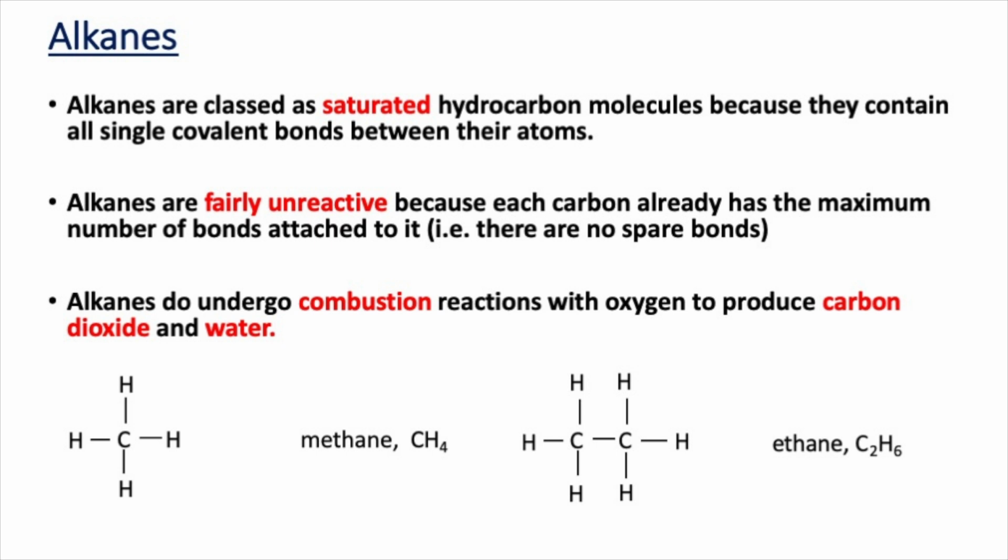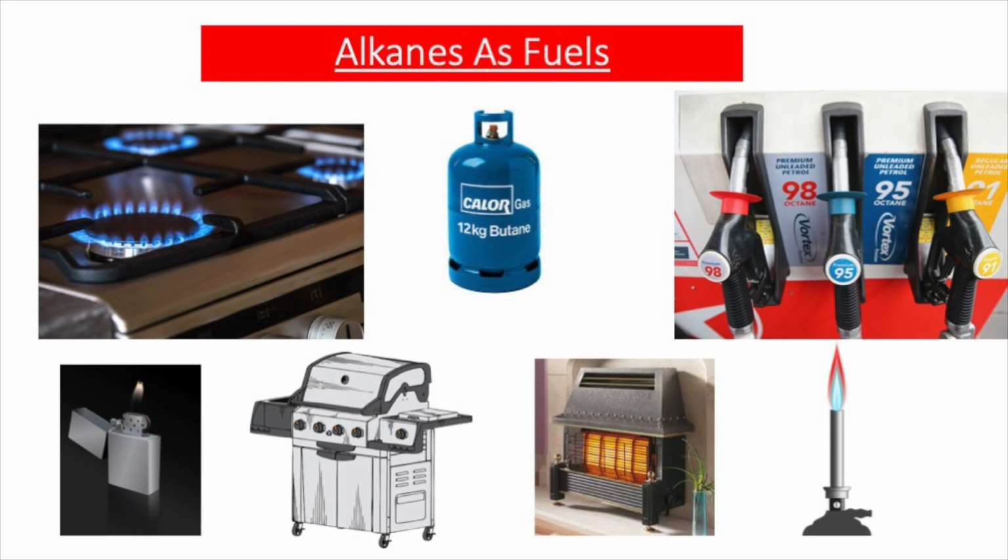So you have to remember that alkanes are typical hydrocarbons in the sense that if you burn them in a good supply of oxygen, they will produce carbon dioxide and water. Alongside carbon dioxide and water, you also get lots of energy released, and that's why alkanes are used as fuels. A fuel is a substance we burn to release energy.